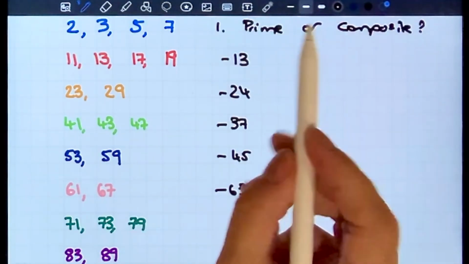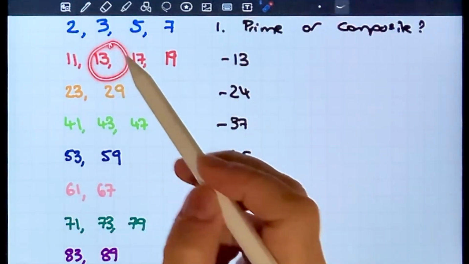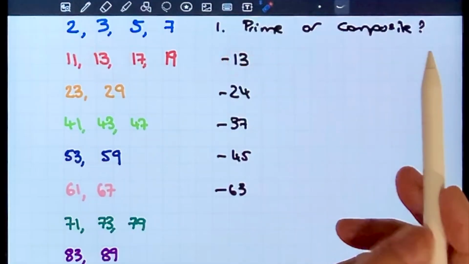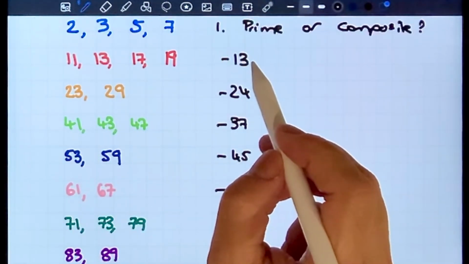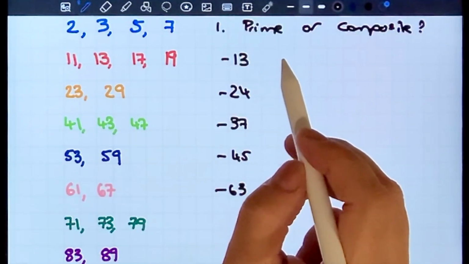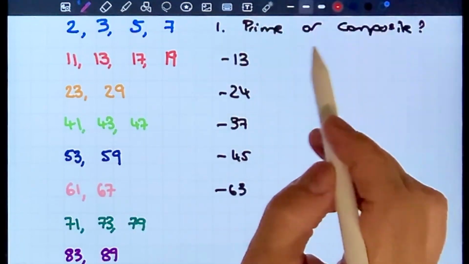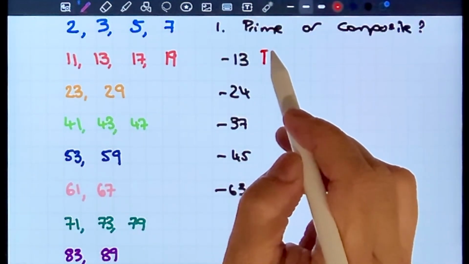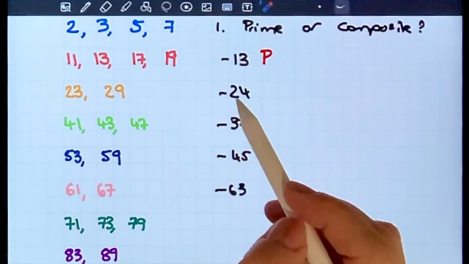So looking at number 13, we can see that is a prime number. The only factors that it has are 1 and 13. So I'm going to put P for prime. Next, looking at 24.